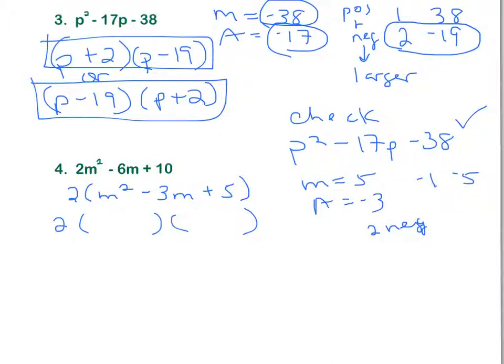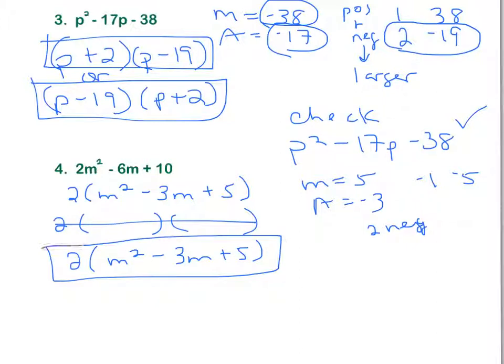So in this particular case, this polynomial right here is what we call prime. I can't factor it any further. That's as far as I'm going to get. So my factored form is just going to be 2 times m squared minus 3m plus 5. And that's as far as I can go on that particular problem.